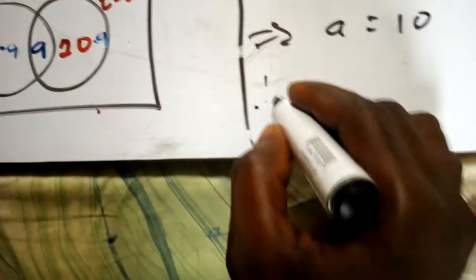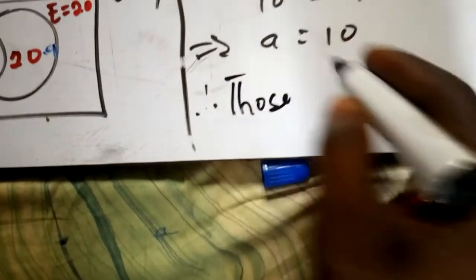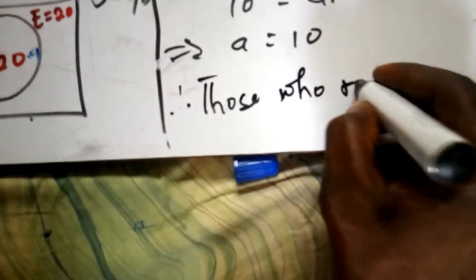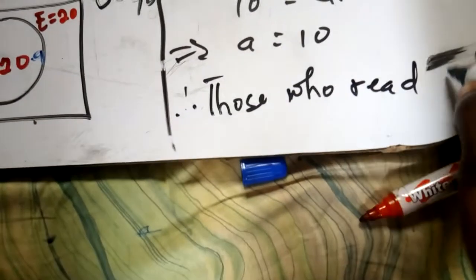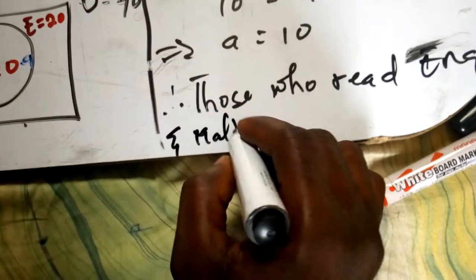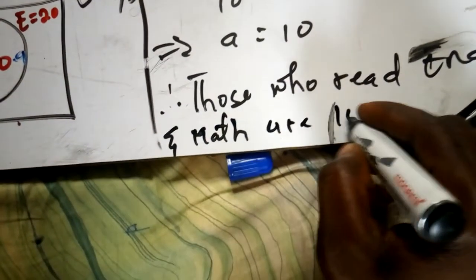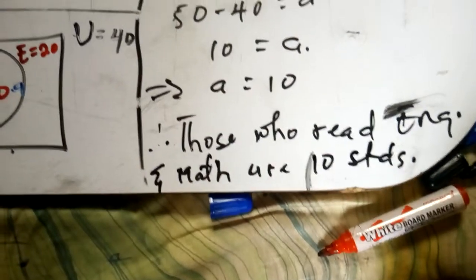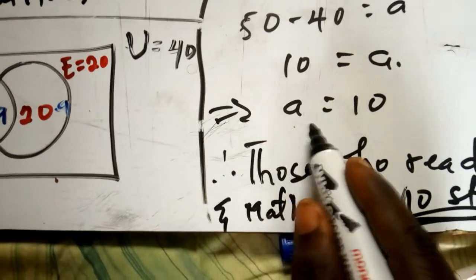So therefore, those students who read English and mathematics are 10 students. Very simple. You have to answer the question because nobody knows a.